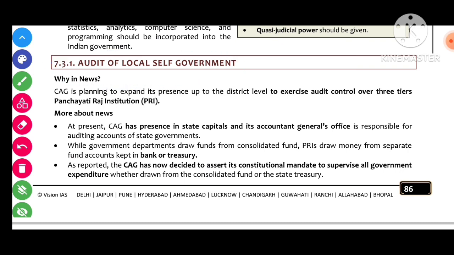CAG is planning to expand its presence up to the district level to exercise audit control over the 3-tier Panchayati Raj institutions.